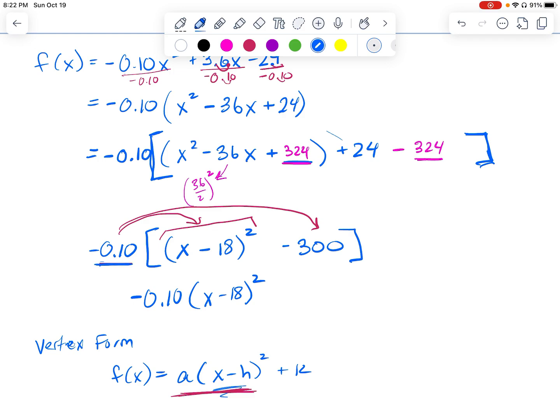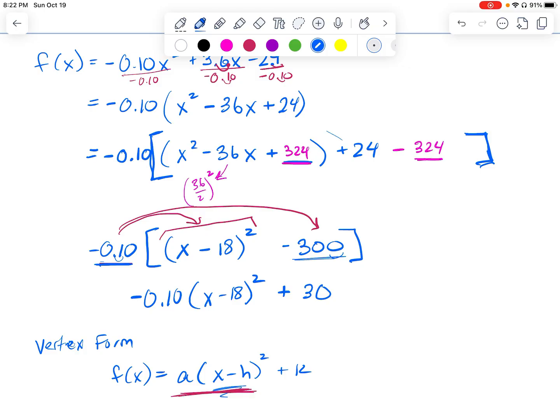So negative 0.10 times negative 300 gives me a positive 30. Remember, move our decimal once to the right. And we're dividing, so this one will go once to the left. So I get that 30.